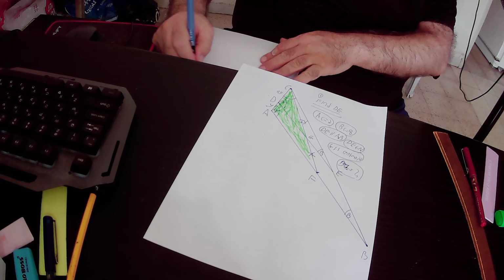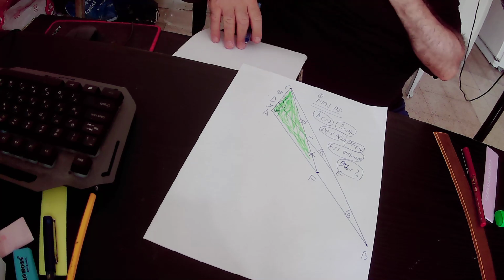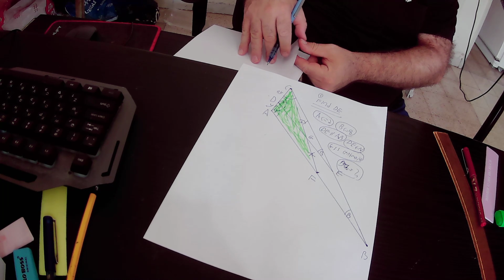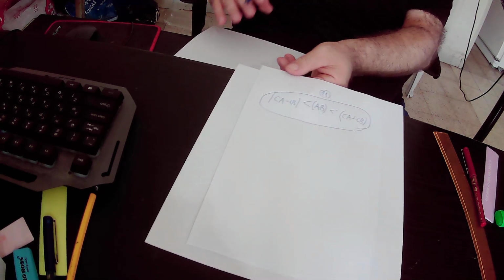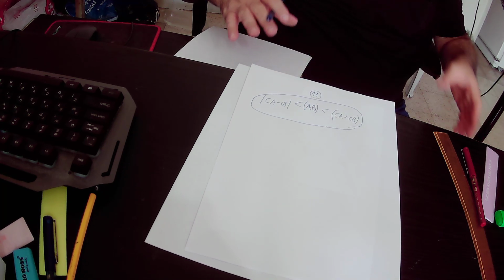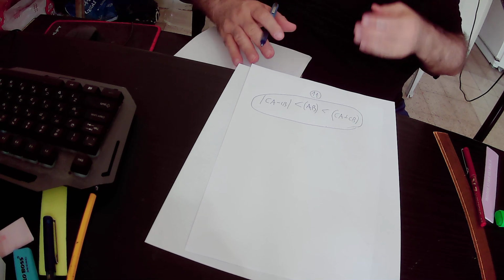Okay, so actually this inequality is the implementation of rule number 4 in our triangle ABC.